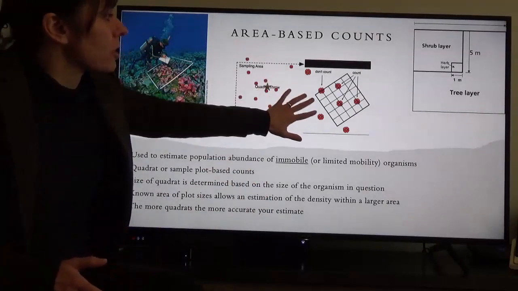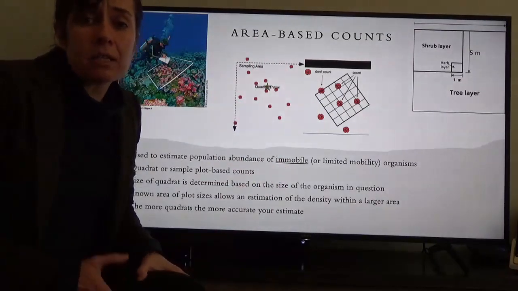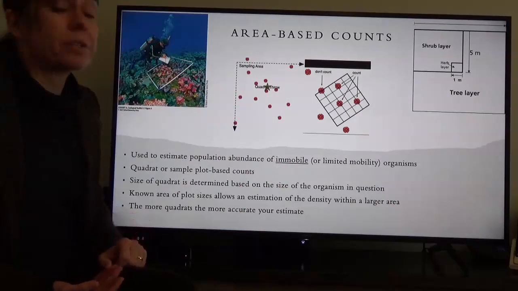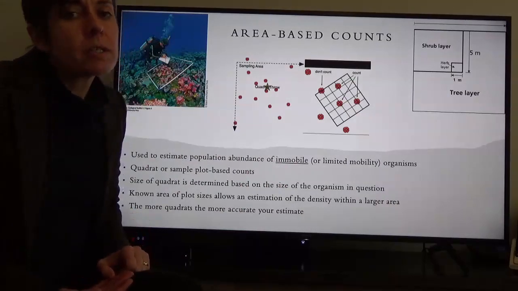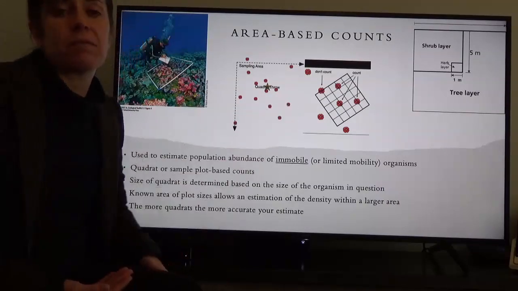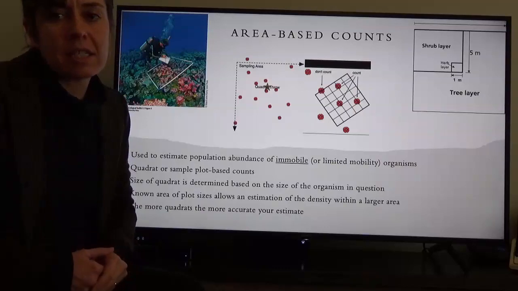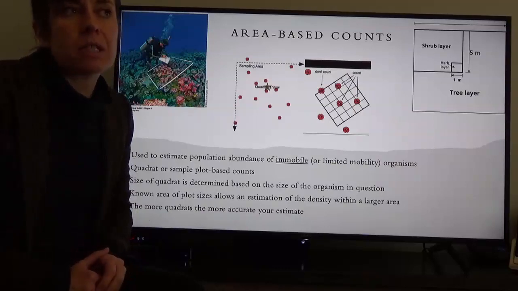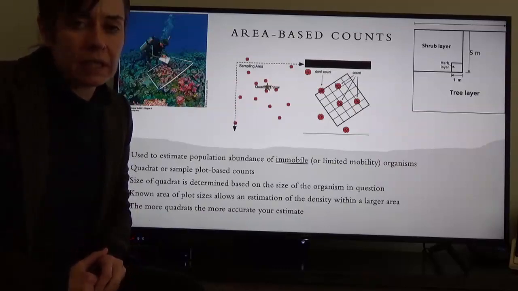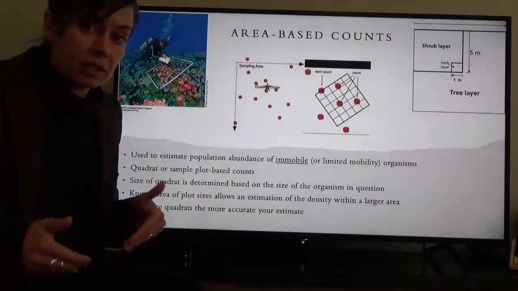Area-based counts like this are typically done on immobile organisms, so plants or animals like coral that are fixed in place, or sometimes for really slow-moving organisms. So you could use this kind of method, for example, for snail population or slug population densities. You know, organisms that really don't move very quickly, and that you can count the whole population there in that quadrat.